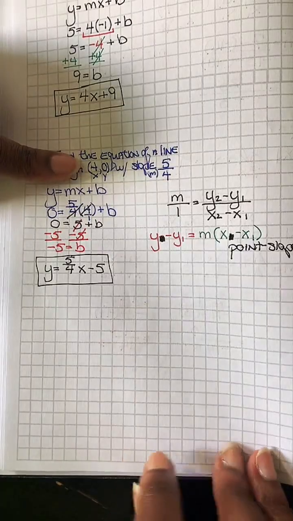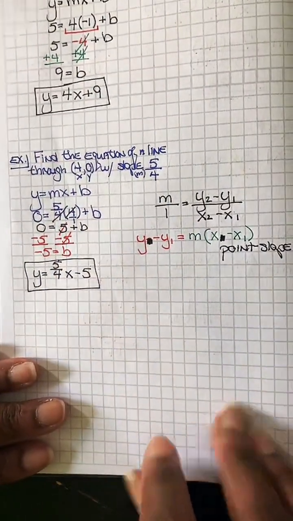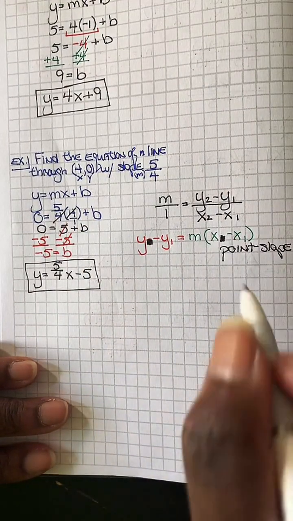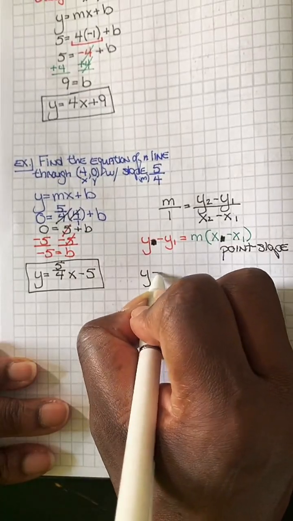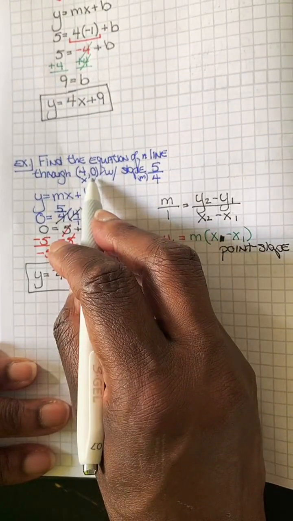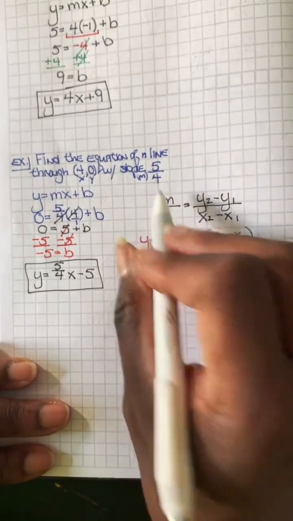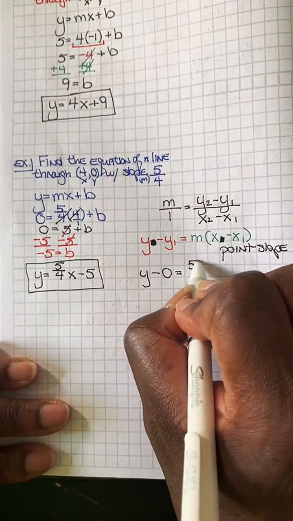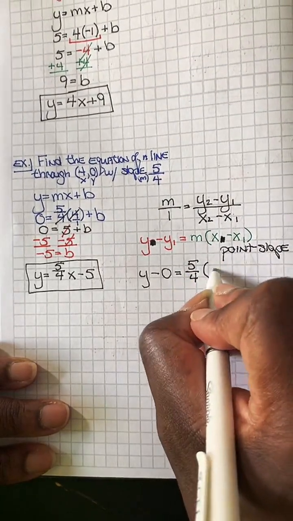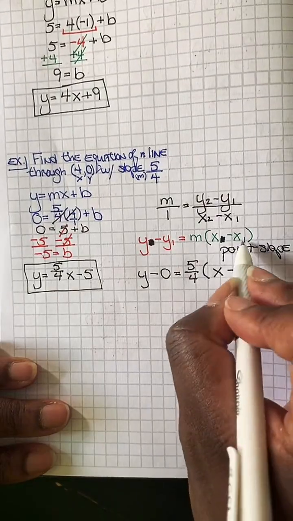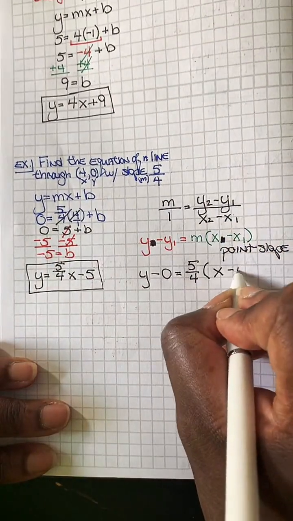So if we wanted to do this same formula with the slope and with the point, this is how you substitute it in. Your first y is just going to be y minus the y1, which is the 0 of the point, equals my slope, which is 5/4, times x minus my x1, which is the x of the point, which is a 4.